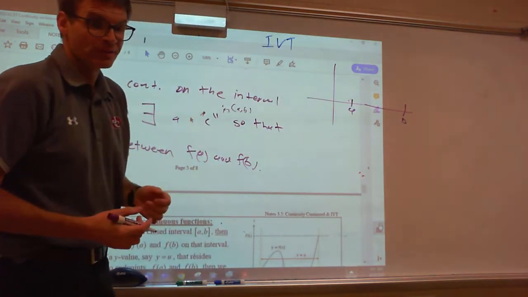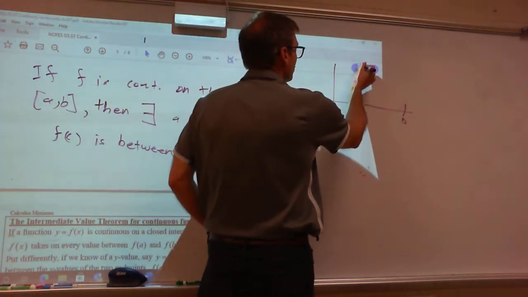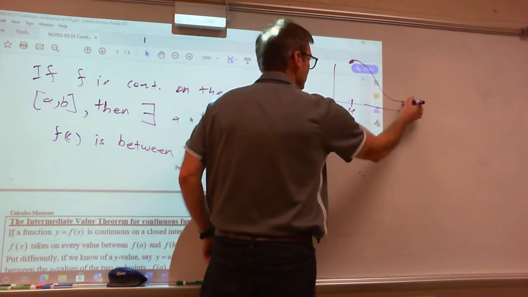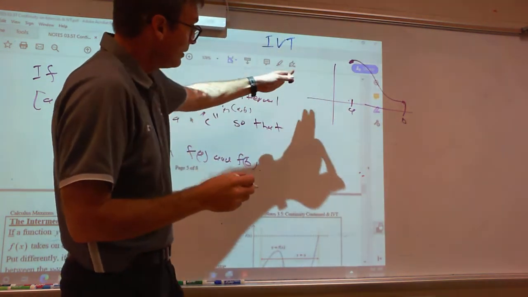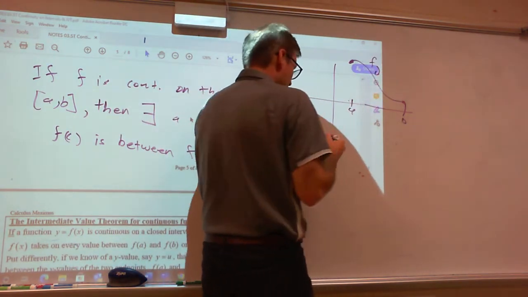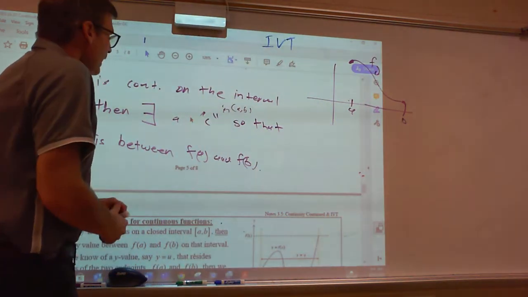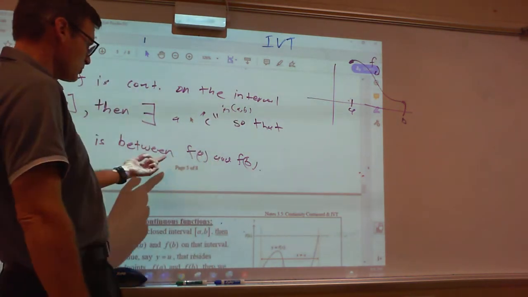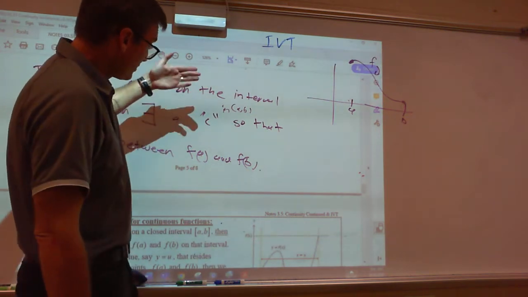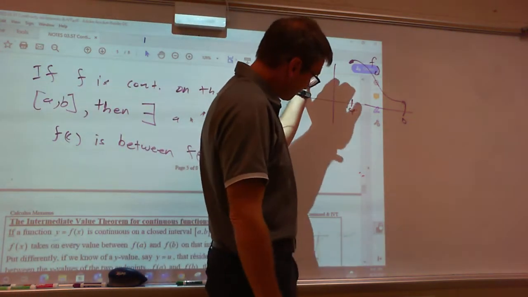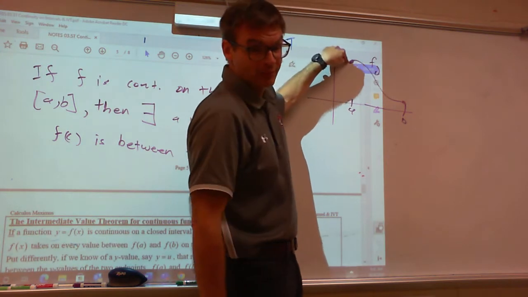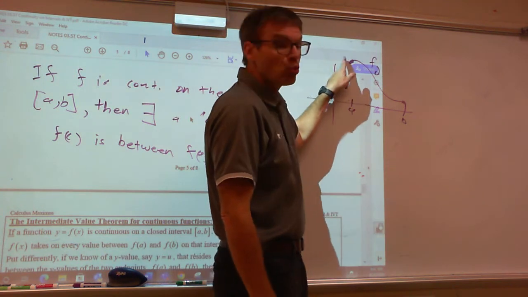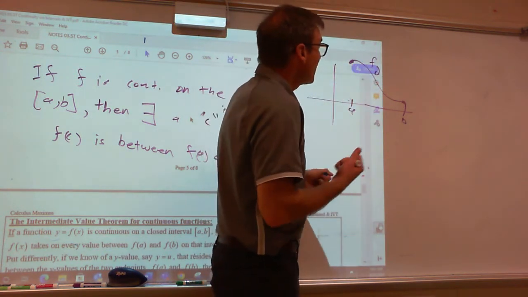Now, here's our picture. If we've got a graph, we're going to say the graph does this. Because here's F. And so F is in between. What this intermediate value theorem says is, if you've got a dot high and you've got a dot that's low, when you connect the dots, it's going to cross.